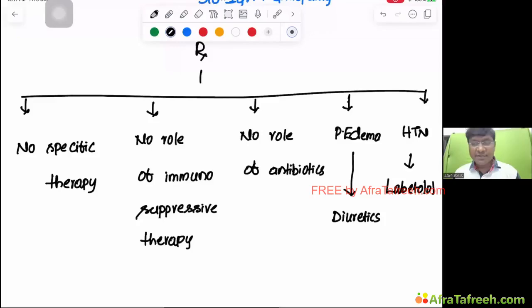Why are we giving labetalol in patients with aortic dissection? Because, not permissive hypotension, you need to keep the systolic blood pressure around 100 to 120.